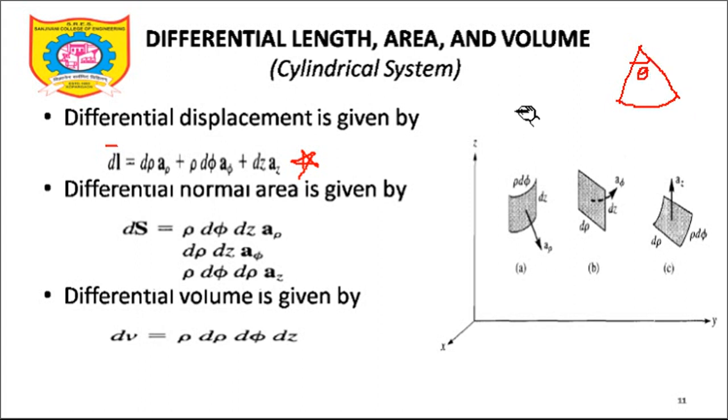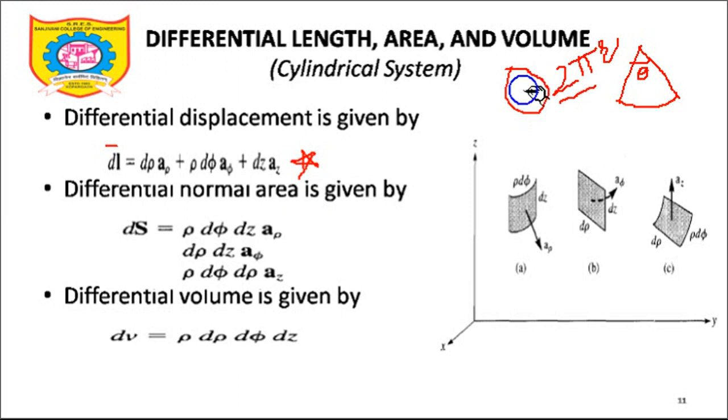Let's explain it in some other way. What is the circumference of a circle? It is 2 pi r. What is 2 pi? 2 pi is the angle traced by the circle. The entire circle traces an angle of 2 pi or 360 degrees, and it is at the radius.